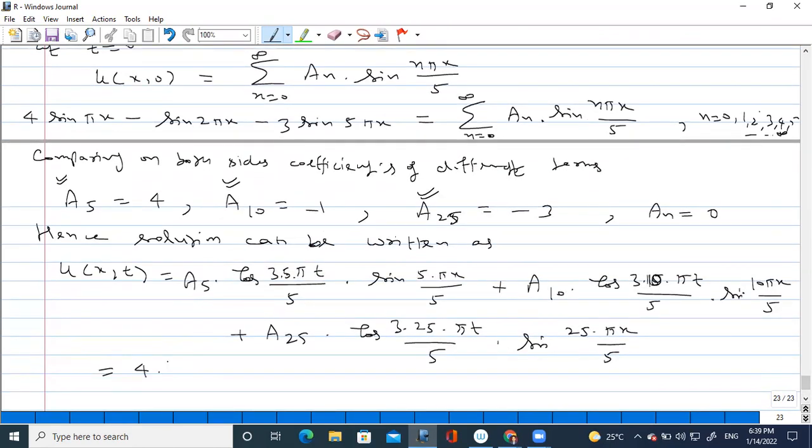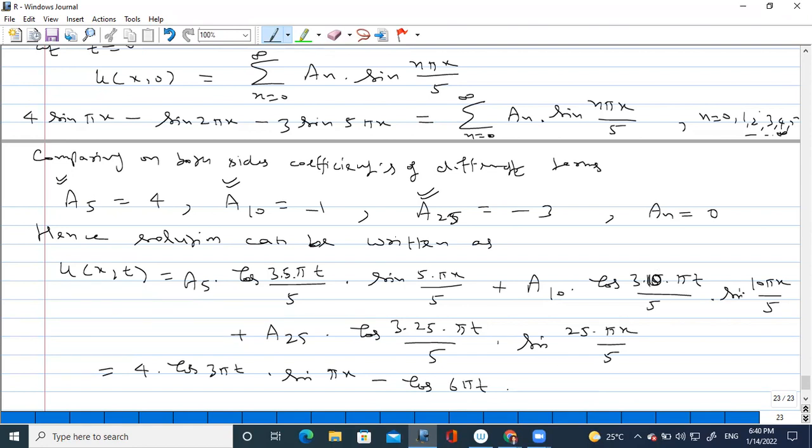A5 is 4 into cos 5 to 5 cancel, 3 pi t into sine pi x plus A10 is -1. So don't take plus, take it minus. It will be -1 into cos 5 to 10 cancel, so it will become 2. So 3 into 2 will be 6.